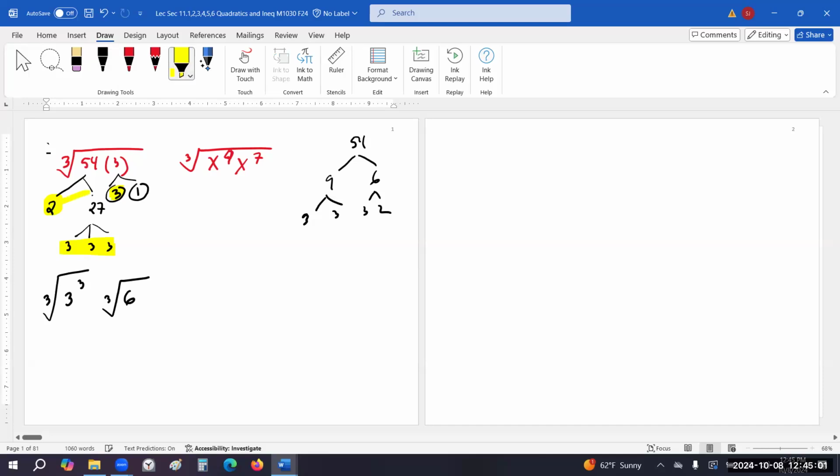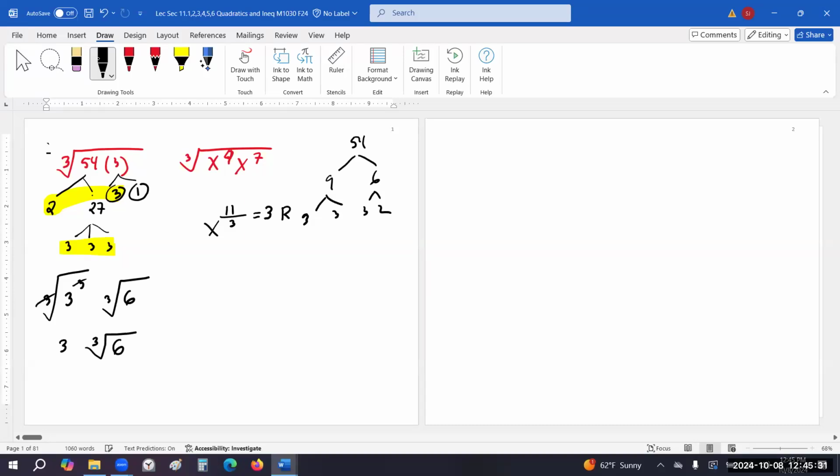We got 6 from these two. You cannot forget about the times 3. So 3, 3 cancel out. We get 3 extra. So it's 3 free, and cube root of not 2, it's 6. For the variables, 4 plus 7, we get 11 over 3. 3 goes into 11 how many times? 3 times. 3 times 3 is 9.